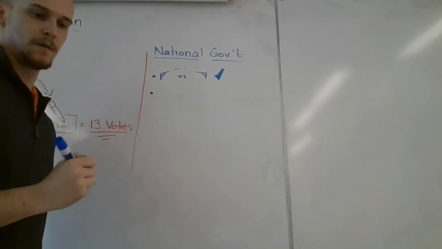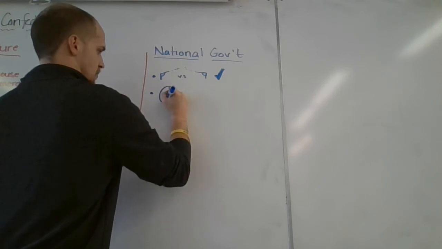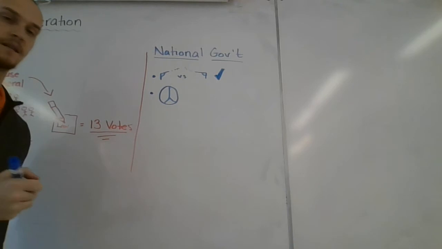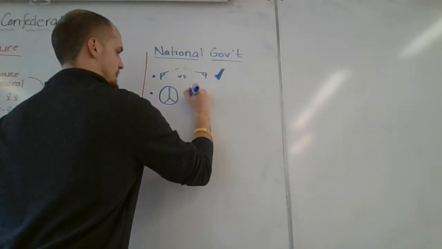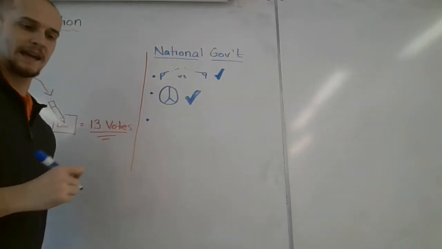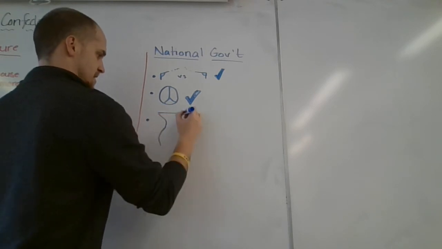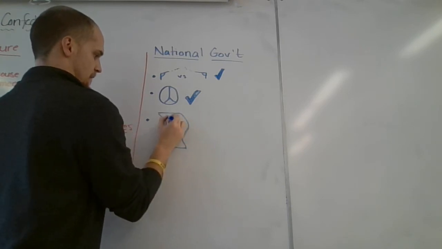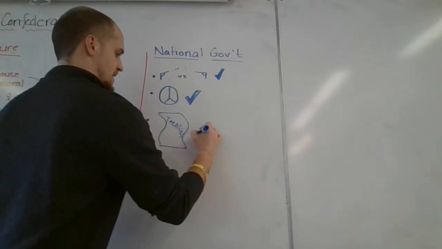When it came to peace treaties, whether with other countries or within states, the government could do that. When it came to signing treaties on behalf of the colonies or the United States, they could do that.